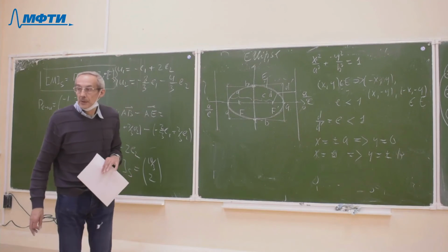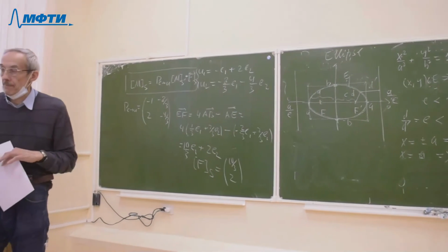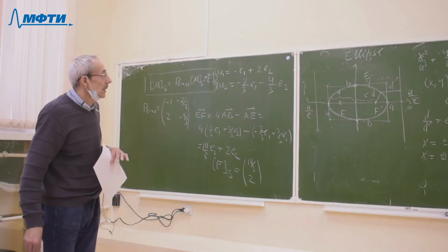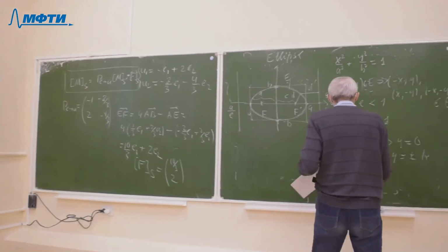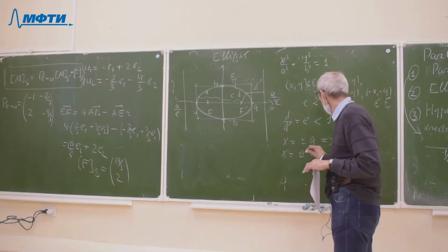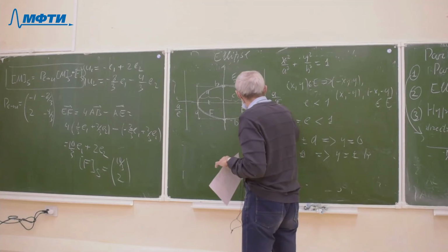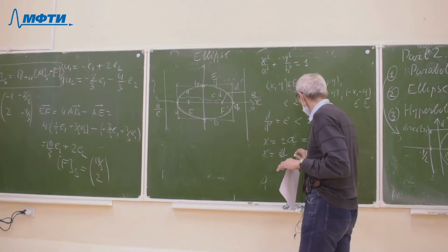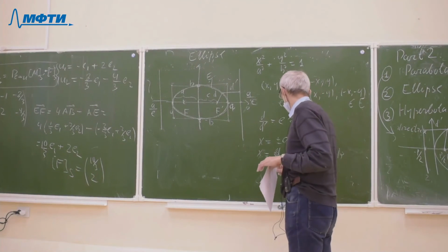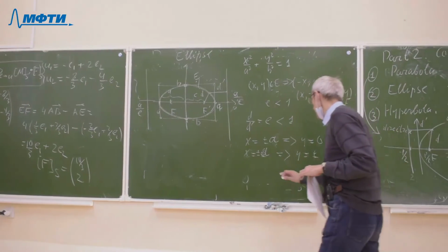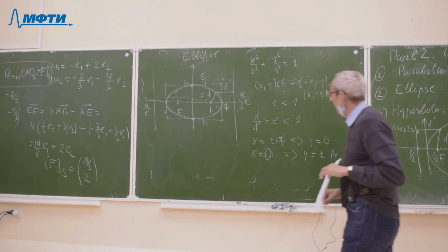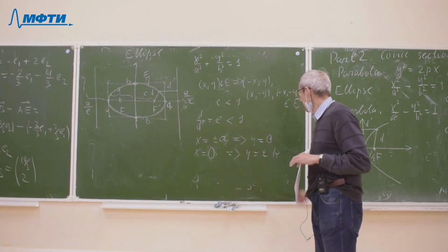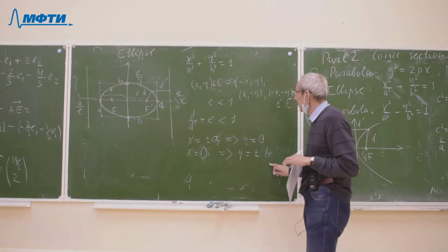Excuse me. Yes. What did you write in the very last line? X is equal to what? In this formula. Yes. We have below a small a. Oh, I'm sorry. 0, 0 in this formula. X is equal to 0, then y is equal to plus or minus b. Easy to see.